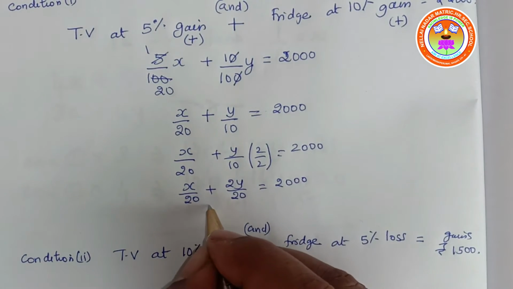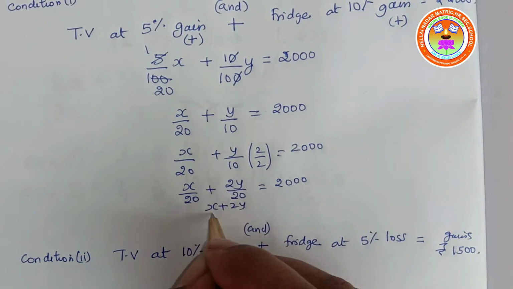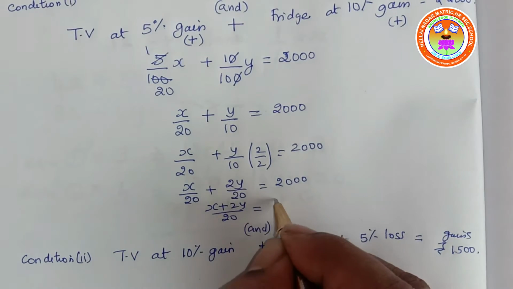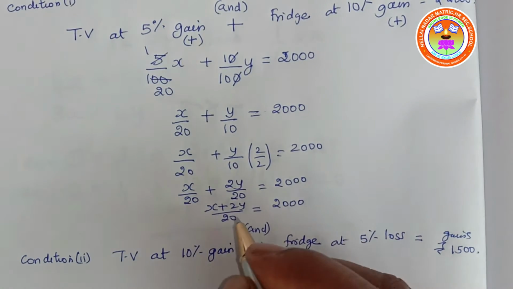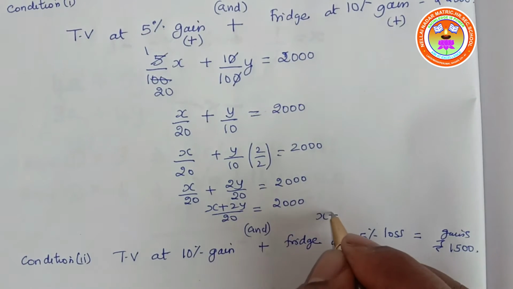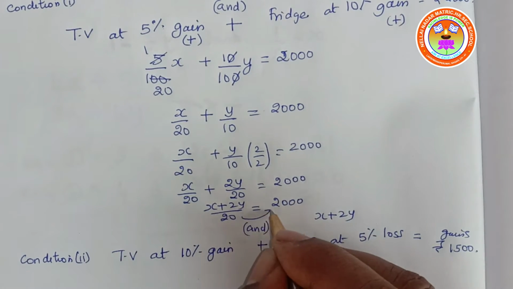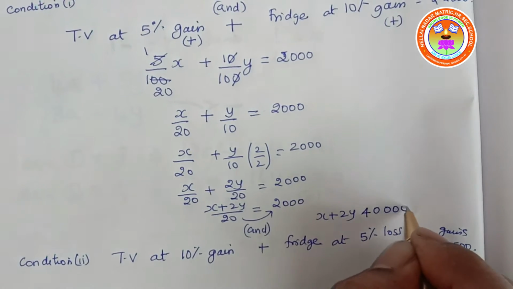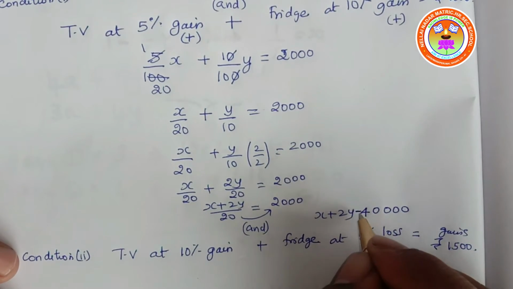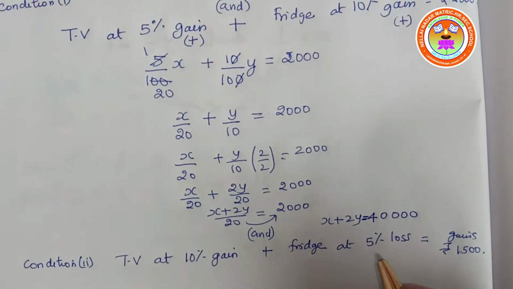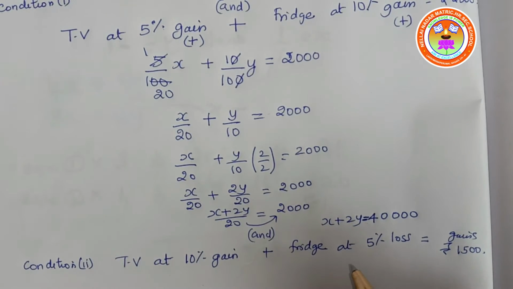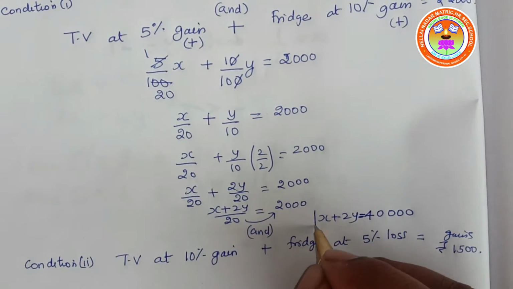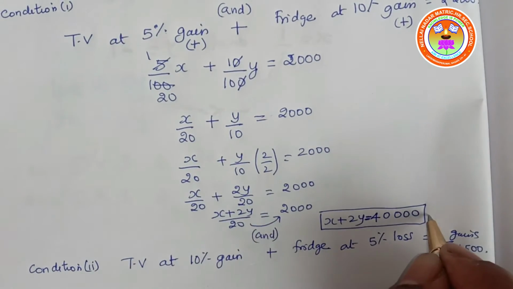So when you take the LCM, X plus 2Y by 20 equal to 2000. Cross multiply, 20 into 2000, that is 40,000. So X plus 2Y equal to 40,000. You consider this as equation number 1.